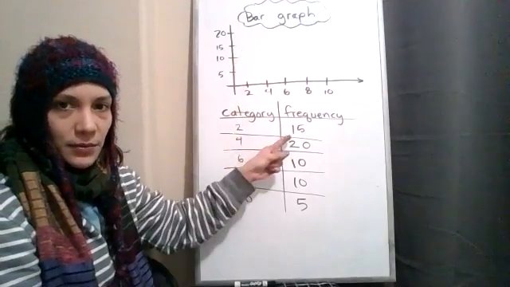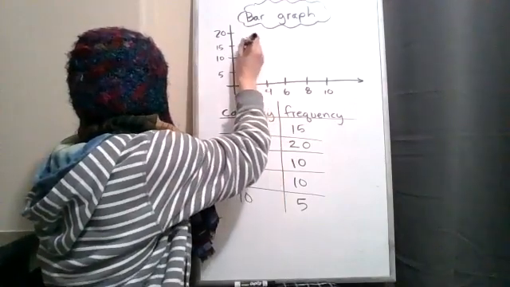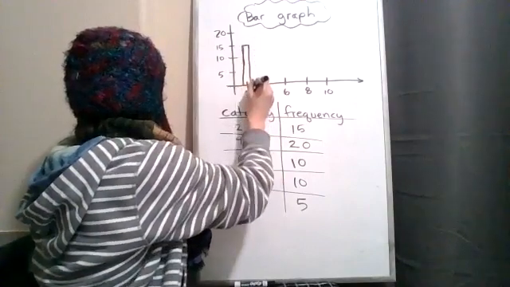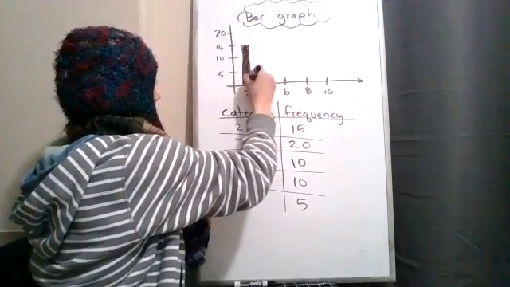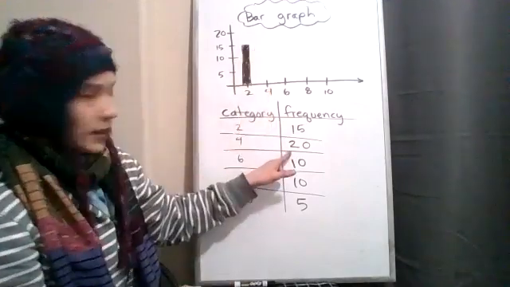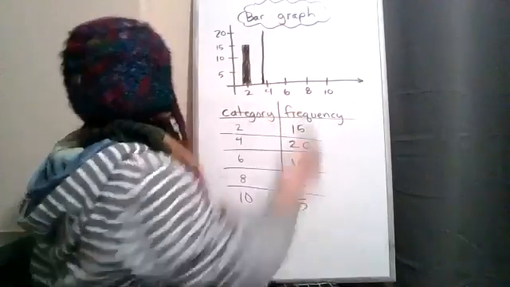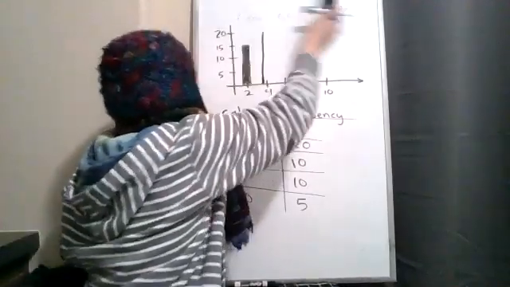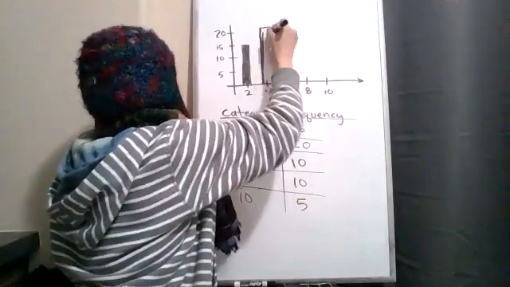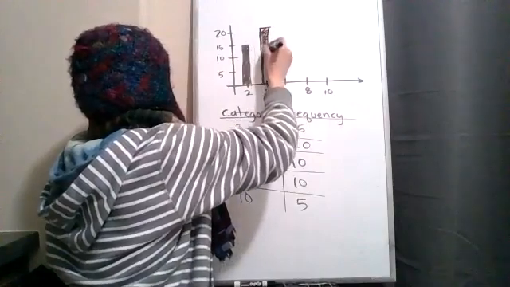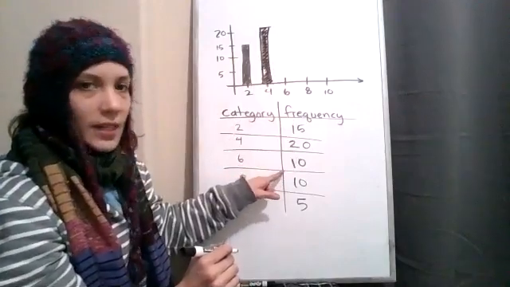Around 2, we have a height of 15. Okay, around 4, height is 20. Oh, what's this? Check this label. Okay, around 6, we go up to a height of 10.